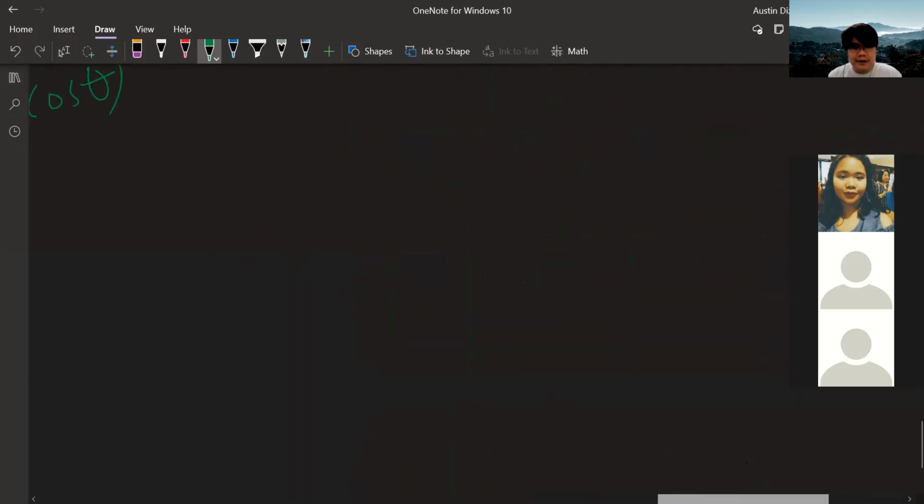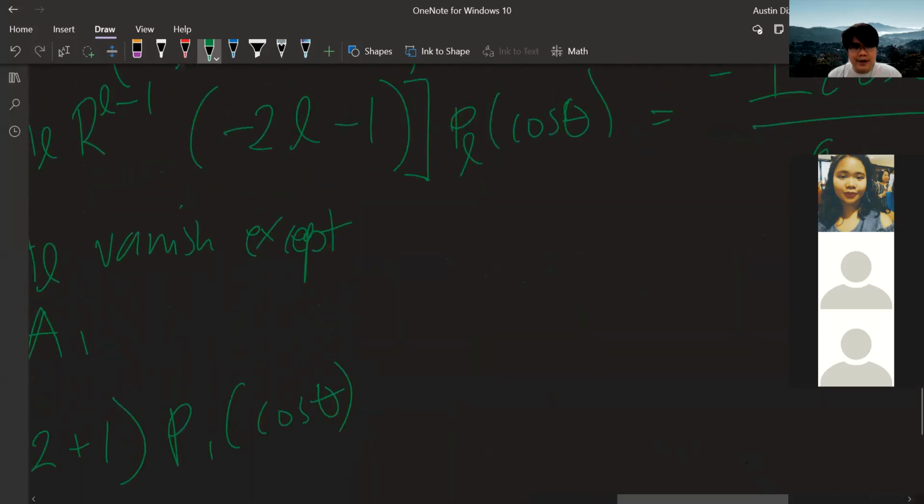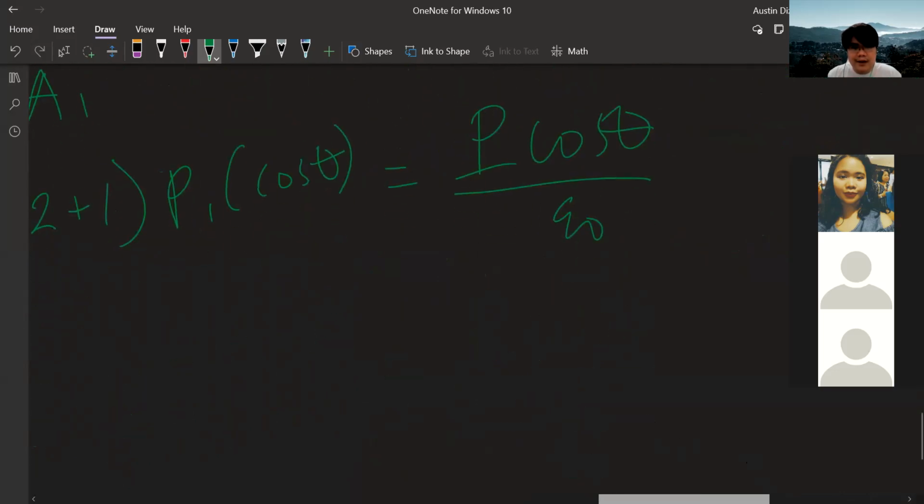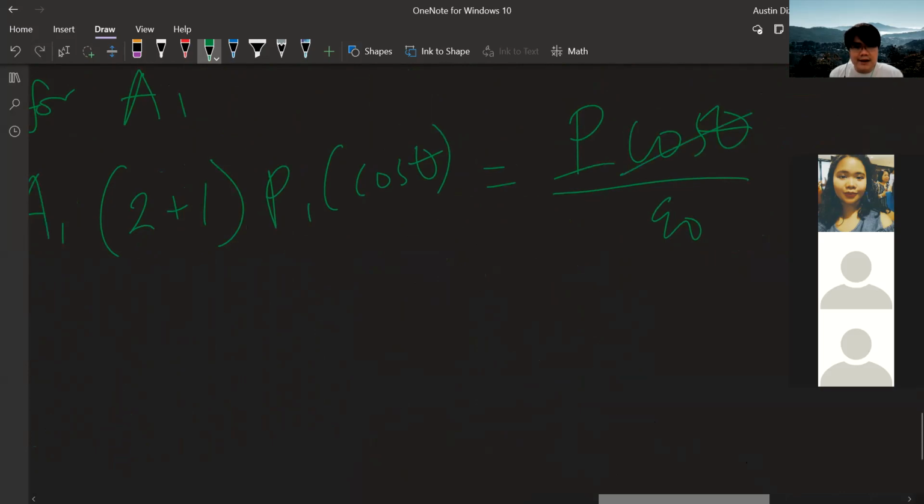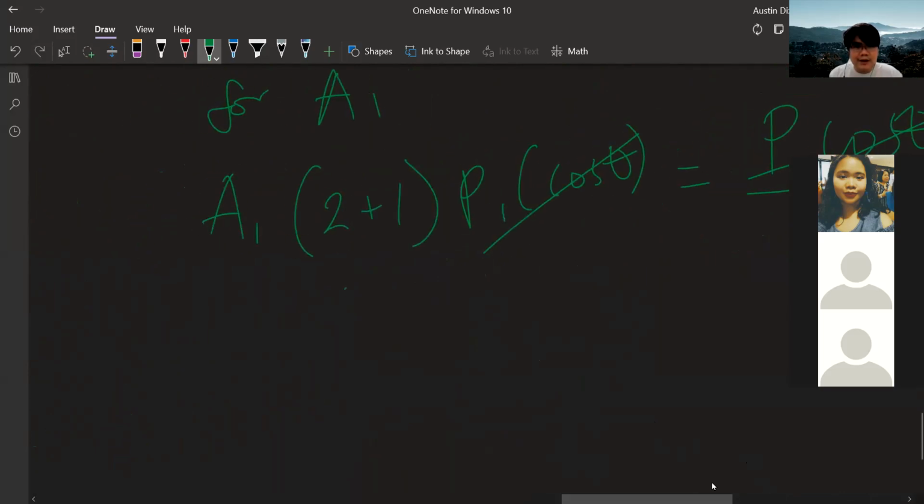And then the equal sign, P cosine theta over epsilon naught. Okay, I know this guy cancels out. And A1 is just P over 3 epsilon naught.